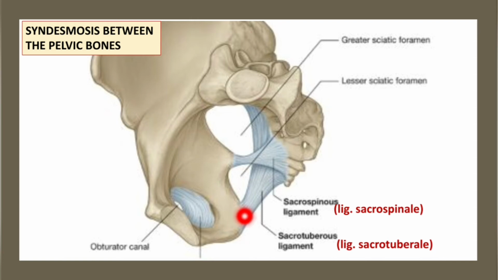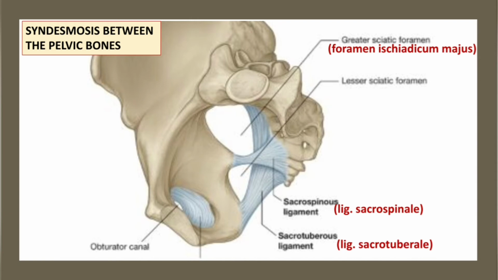If you see this crossing, it will form foramens. If you remember, this was a superior sciatic notch and this was an inferior sciatic notch. But because of these ligaments, now you have these two foramens: the greater sciatic foramen, foramen ischiadicum majus, that's major, and the lesser sciatic foramen, foramen ischiadicum minus.